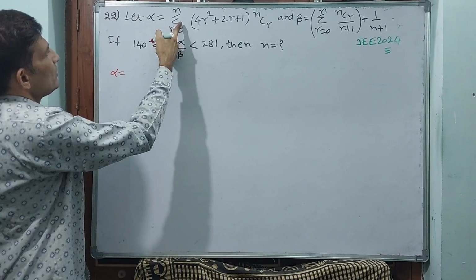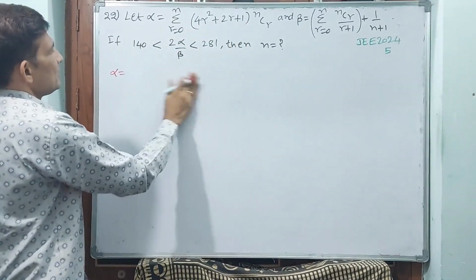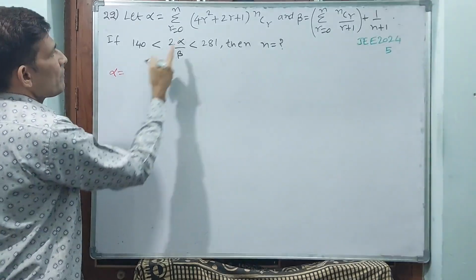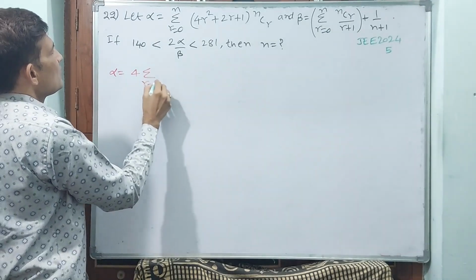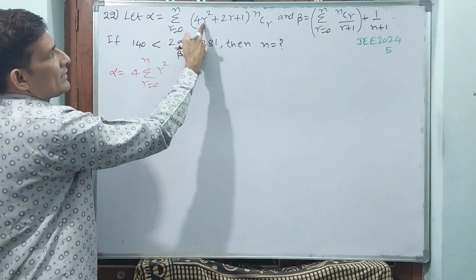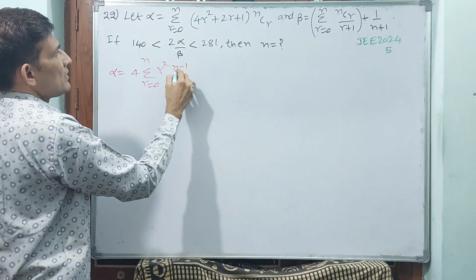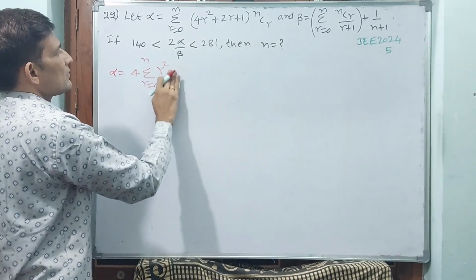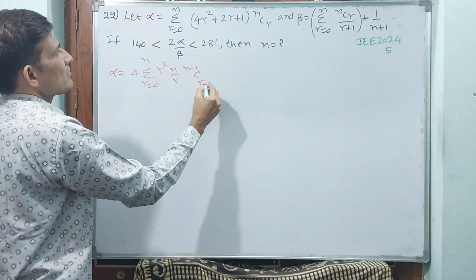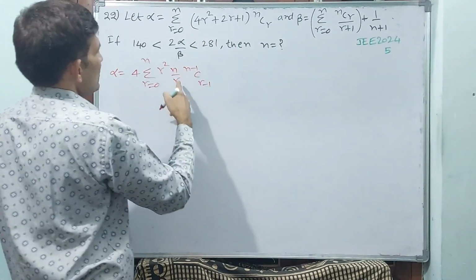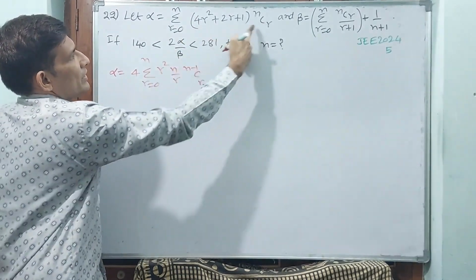alpha is equal to, see, I am opening because I want space. If I open sigma, 4 sigma r equals 0 to n r square NCR. See what I want to do: r square NCR, I write as n by r times n minus 1 c r minus 1, into r, already we have taken care. This is 4r square NCR.